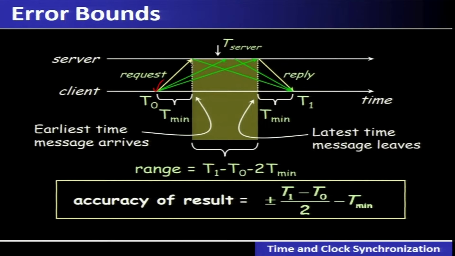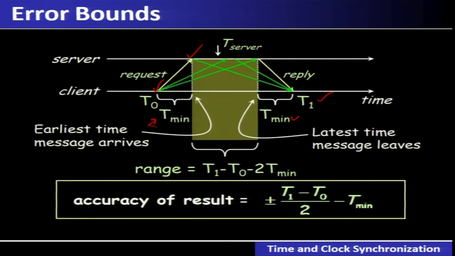The client will send the message, let us say at time t0, and the message is delivered to the server after t min time. Then the server will give a time, called server time t, and the reply it sends will take t min delay to reach the client at time t1.